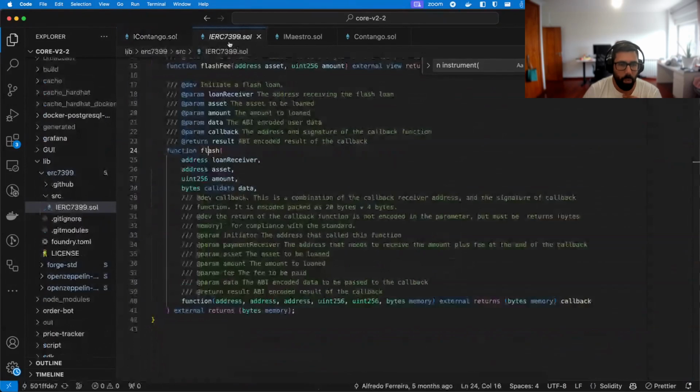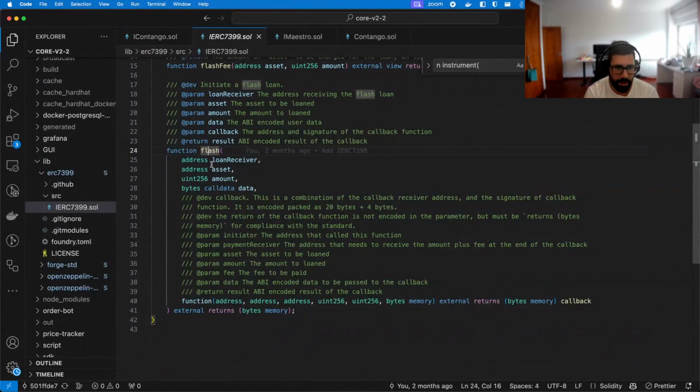I mean, you can always save that in storage and then retrieve it, but it's really limiting, the way flash loans work nowadays. So for this, we have different implementations. We have Balancer and Aave and Uniswap, all conforming to this interface.